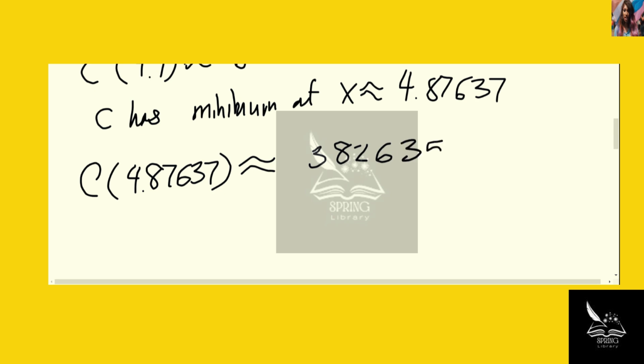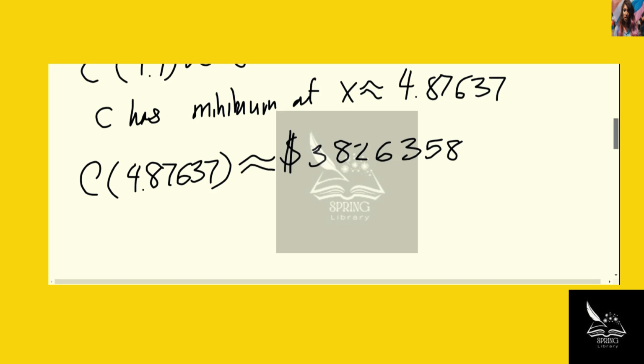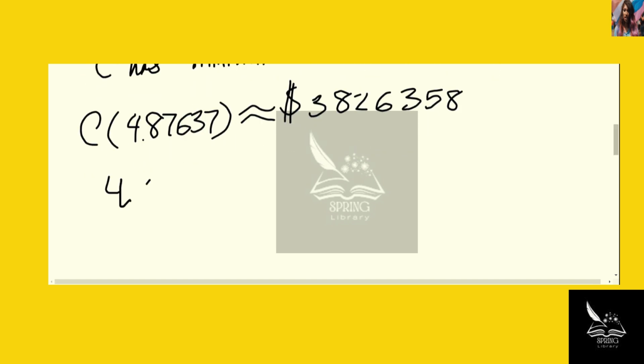I'm just going to leave it in this form, and this is in dollars. And our answer is that point P is 4.876 kilometers east of the refinery.